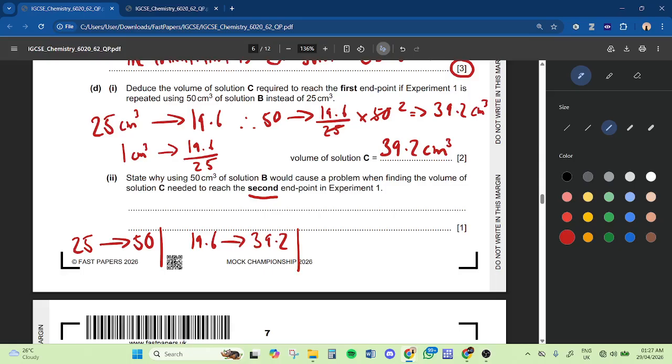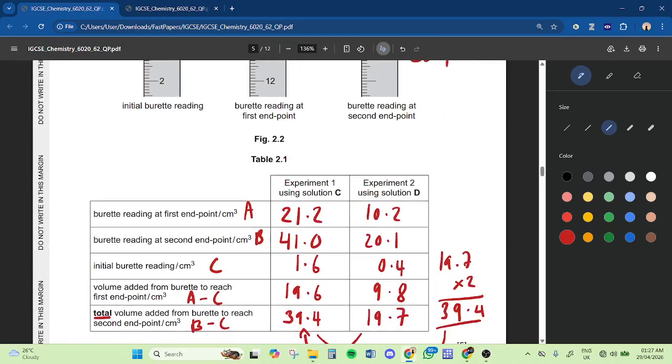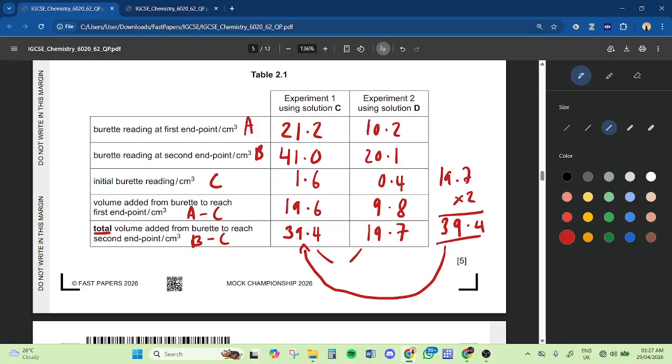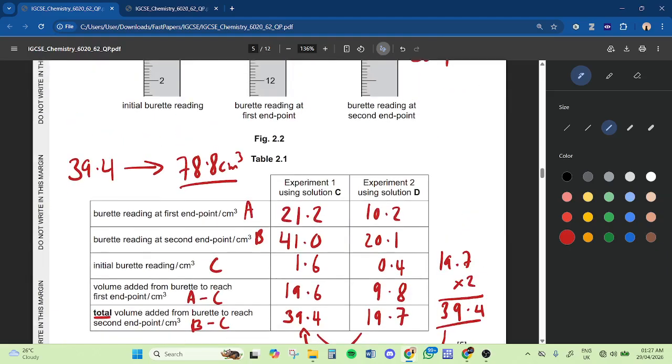So if you look at the second endpoint in experiment 1, that is 39.4. So if you double 39.4, you're going to get 78.8 cm cube, which is more than the amount that a burette can hold, which is 50 cm cube. So this is going to be greater than 50 cm cube.